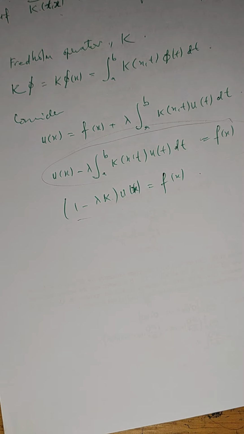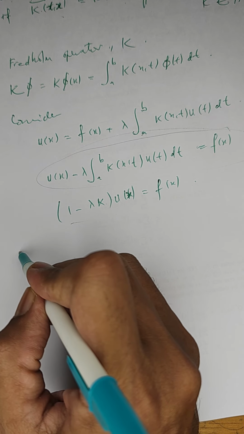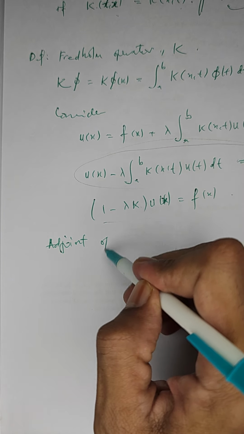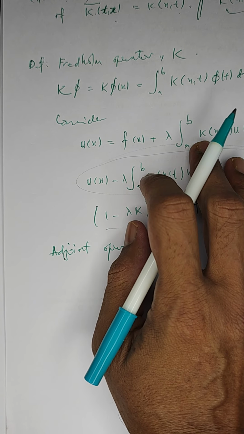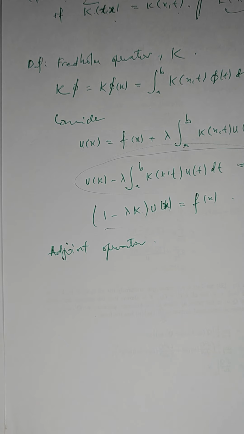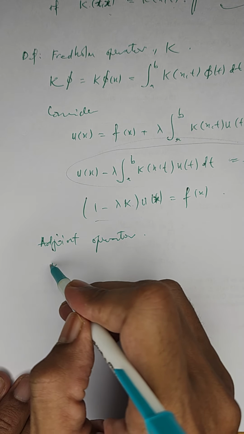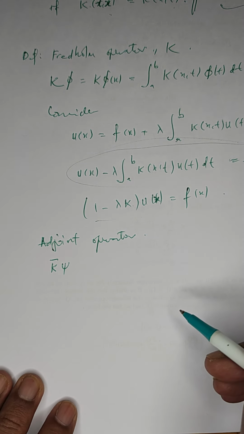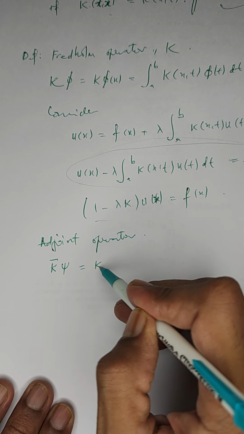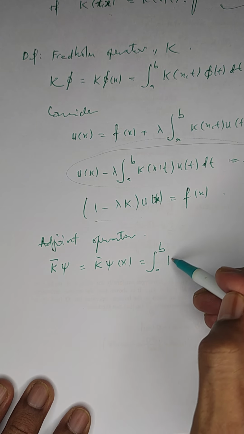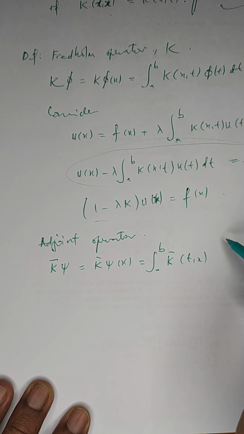Then we have the adjoint operator. We say the adjoint, or conjugate, of K is given by K star applied to a function phi of x, which is the integral from a to b of k(t,x) phi(t) dt.